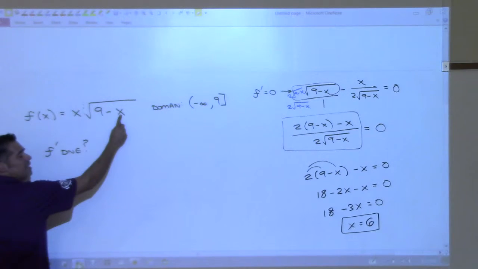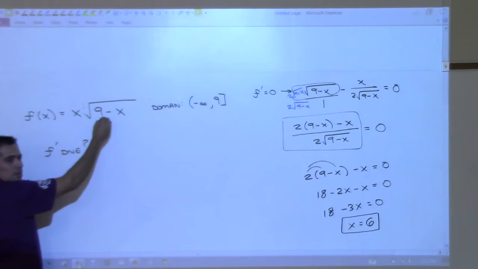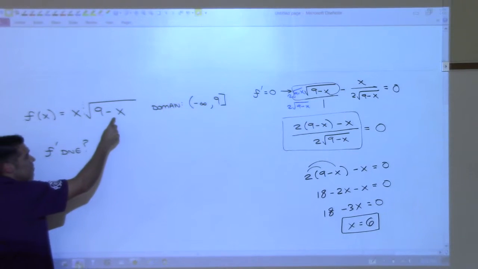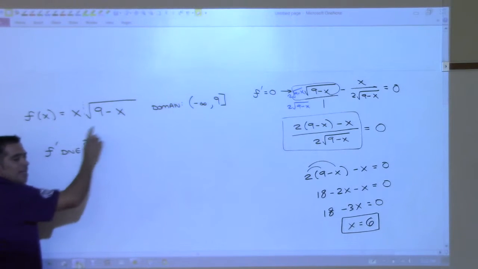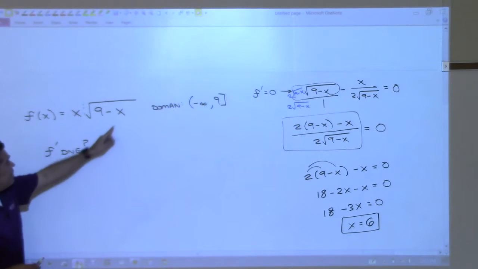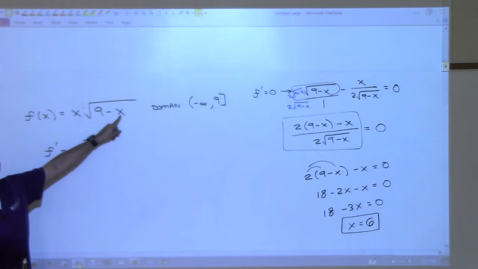Right? I could put 9 in here, couldn't I? 9 minus 9 is 0, and the square root of 0 is 0, and that's fine. Now, I can't put 10 in here. I can't put 9.1 in here. Can't have anything bigger than 9. I can put negatives in here, though, right? It's negative infinity to 9.